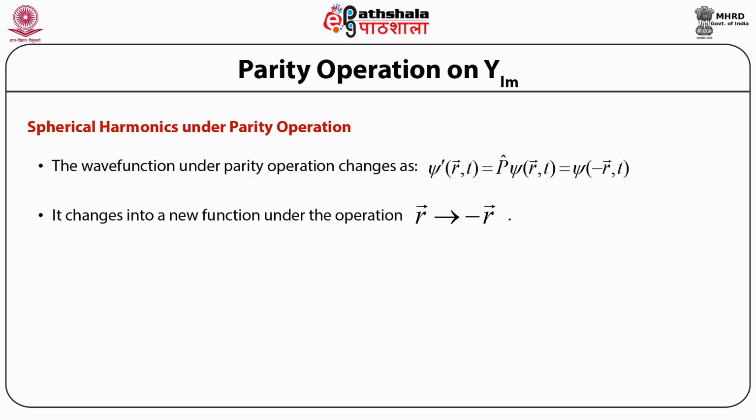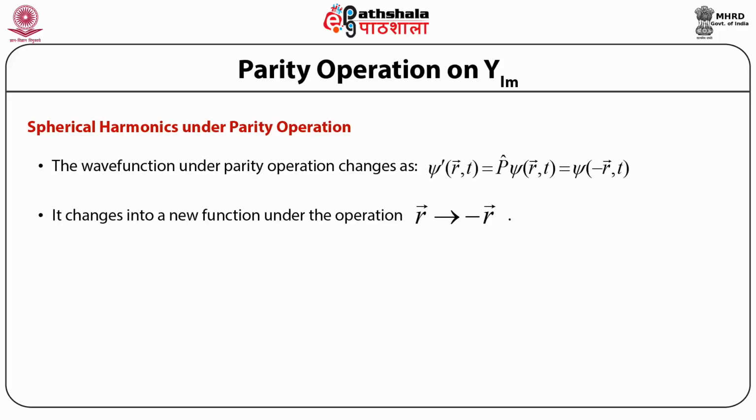So this kind of operation, where the independent variable changes its value from plus to minus, and we try to see how it affects the dependent variable, is called a parity operation.